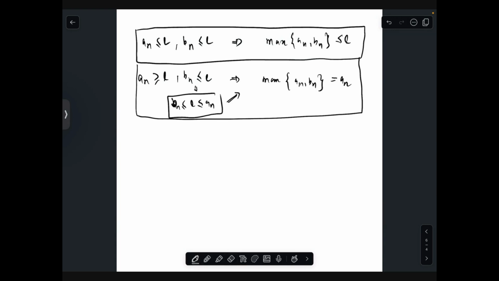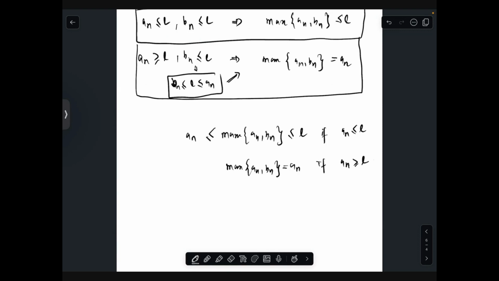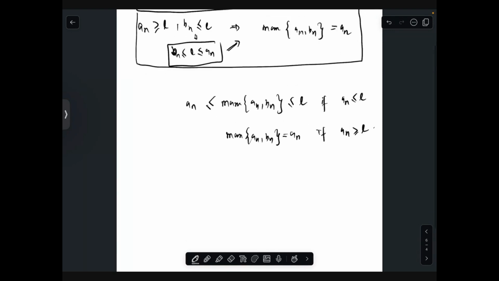So we are getting that therefore there are two cases. We know that the maximum of an, bn is greater than or equal to an always, because the maximum is always greater than or equal to any of the numbers, right? If an is less than or equal to L, and the maximum of an, bn is equal to an if an is greater than or equal to L, right?